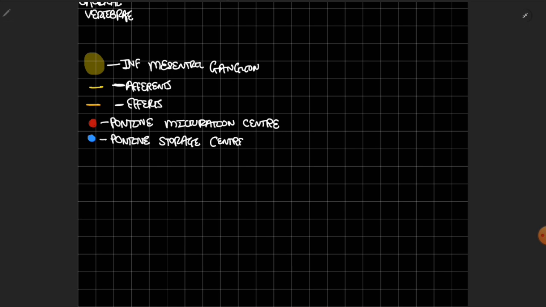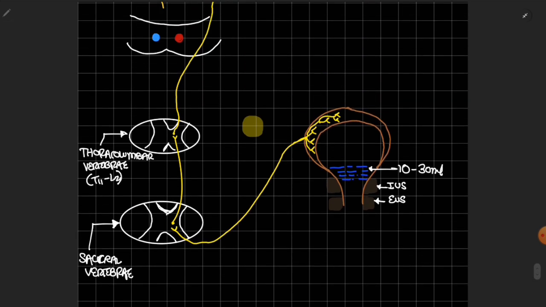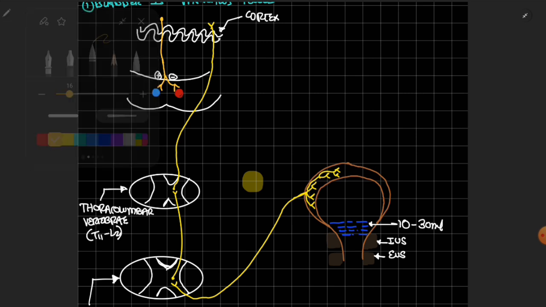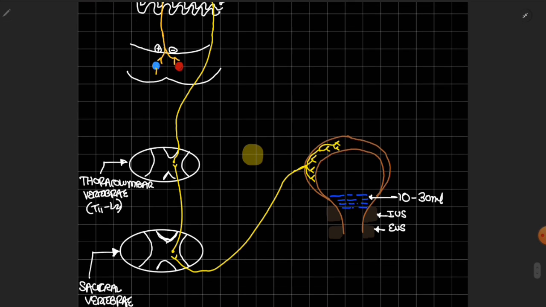Now tell me one thing, if there is no urge to urinate, which center will get stimulated? Yes, the pontine storage center. So it sends a positive signal to the pontine storage center and a negative signal to the pontine micturition center.